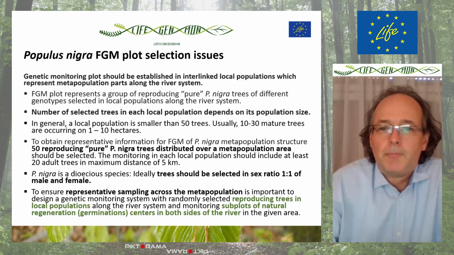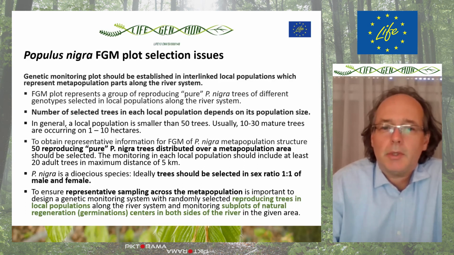So we suggest to select Populus nigra trees in local populations in such a way that we monitor at least 20 trees with a maximum distance of 5 kilometers per local population.